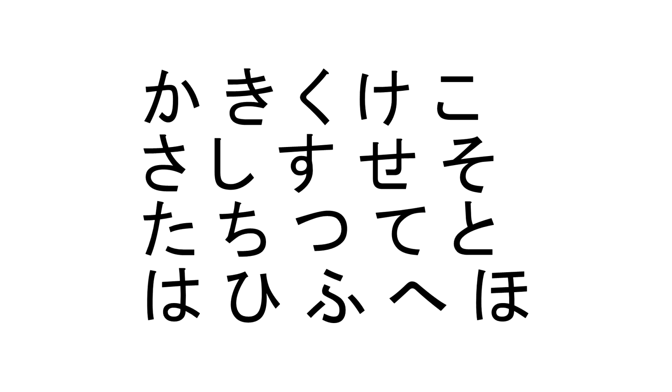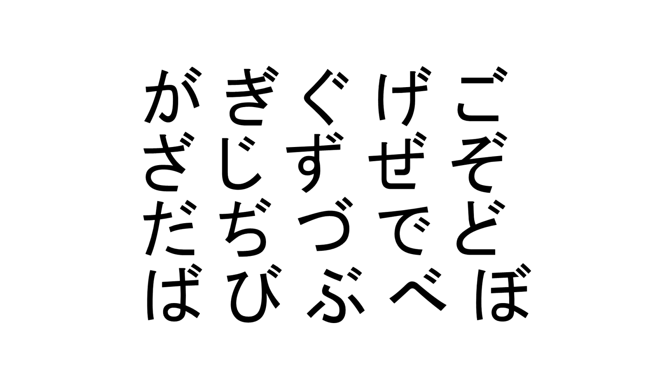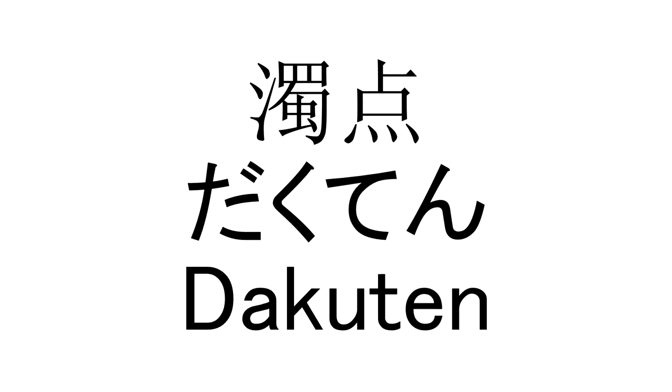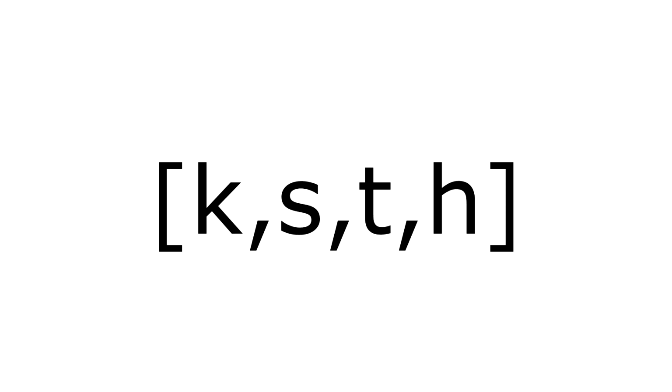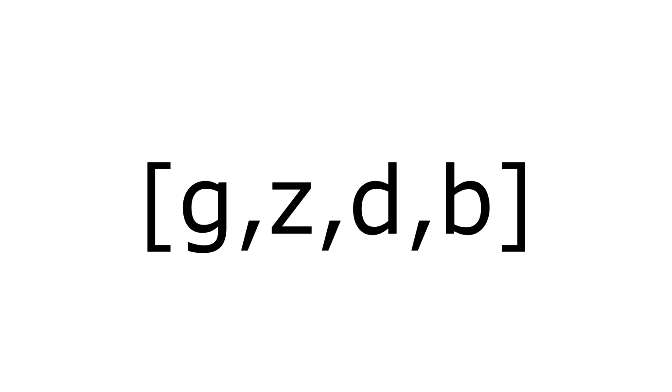K, s, t, and h kana, which are voiceless, can become voiced by adding a small symbol to the top right of the kana, called dakuten. These kana, called Dakuon, are the voiced equivalents of k, s, t, and h kana, which would be g, z, d, and b.